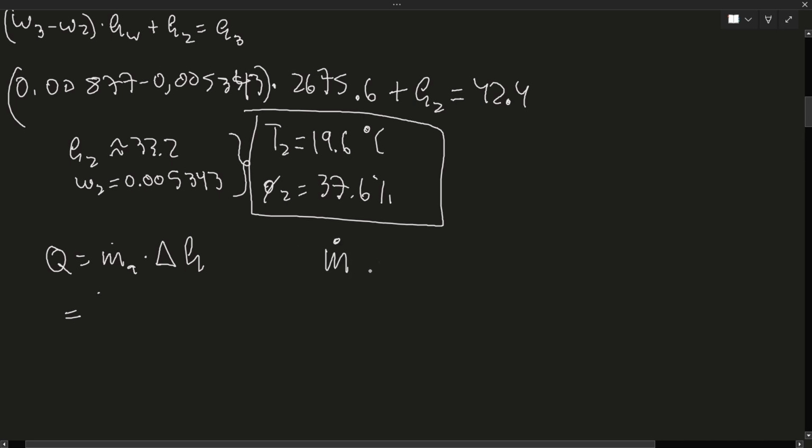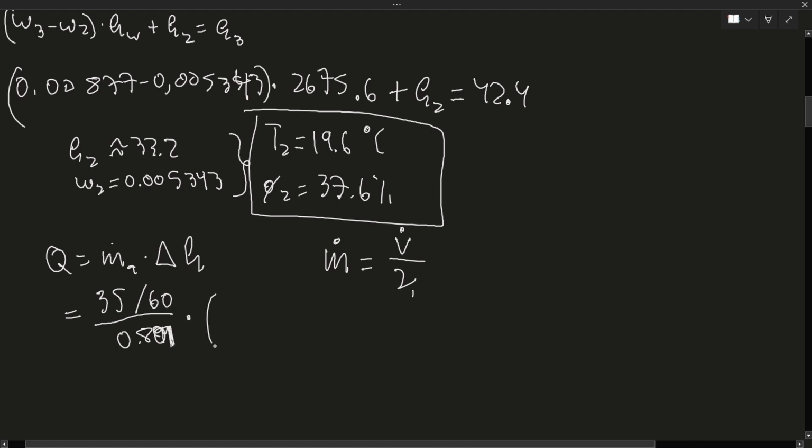You have to take into consideration that mass flow rate is equal to the volumetric flow rate divided by the specific volume, okay? So 35 meters cubed per minute, we're going to divide that by 60 to get seconds, divided by the specific volume at point 1, because that's what we're given.